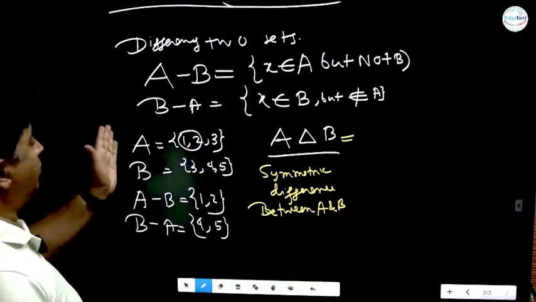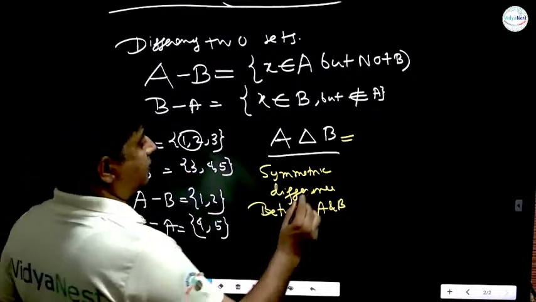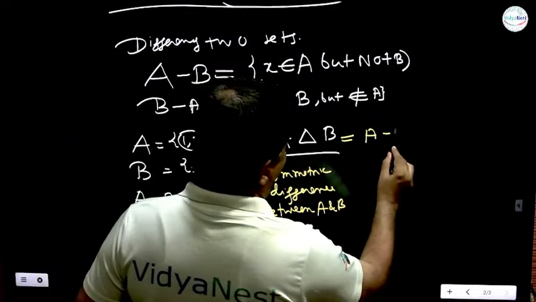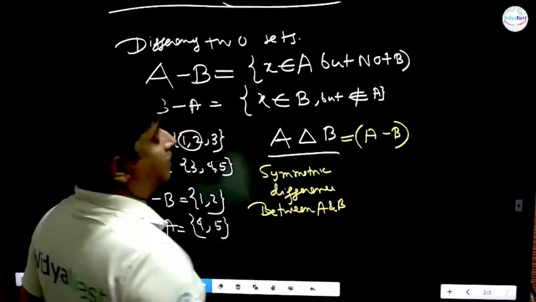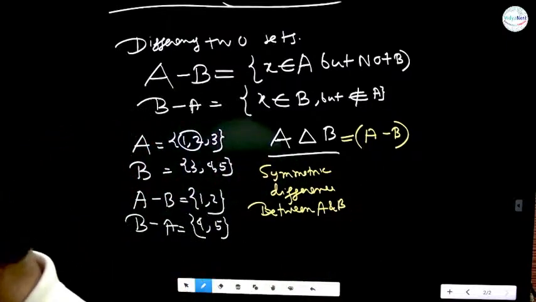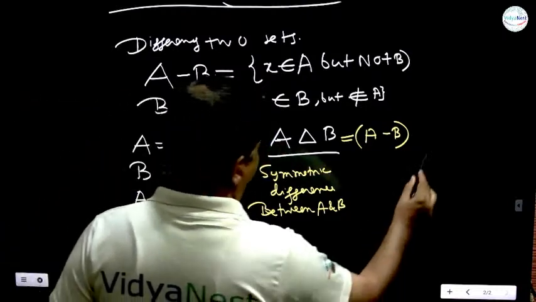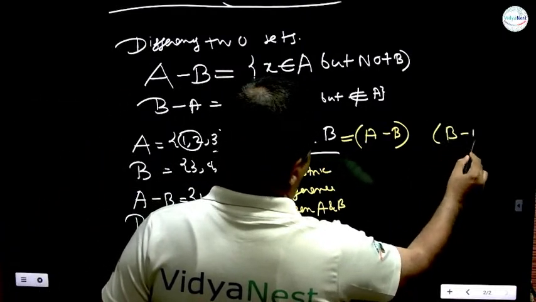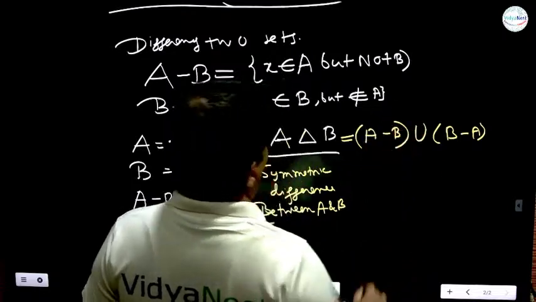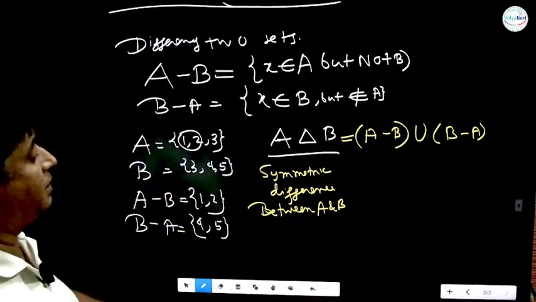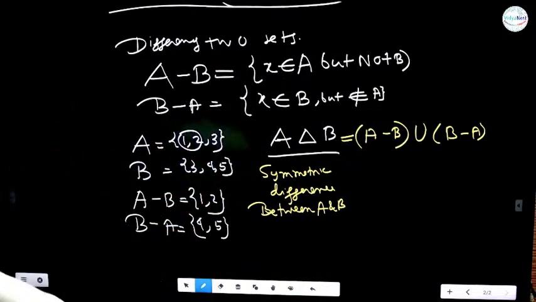We have come to know difference. Symmetric difference: one difference is A minus B and the other is B minus A, and put a union sign. That is called the symmetric difference between A and B.